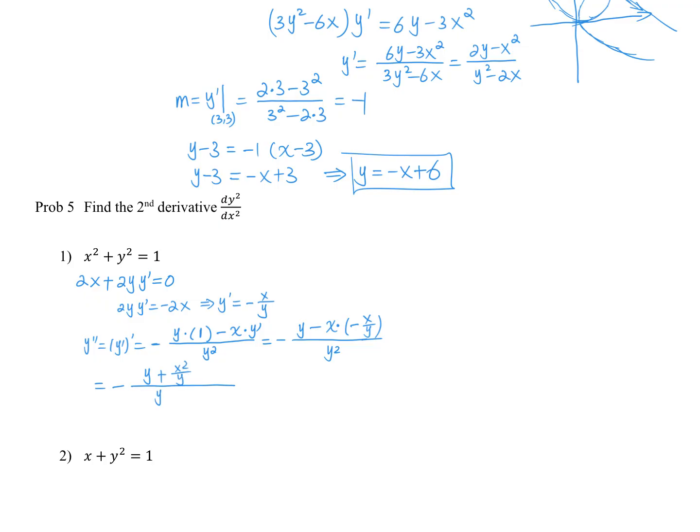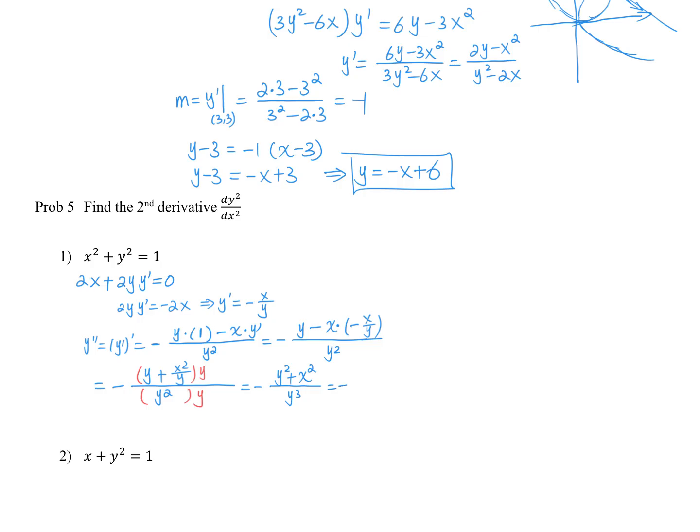The denominator is y squared. Let's multiply the top and bottom by y to clear the fractions, and therefore we have negative. In the numerator we have y squared plus, when you multiply this, the y is cancelled, we're left with x squared. And at the bottom we have y cubed.